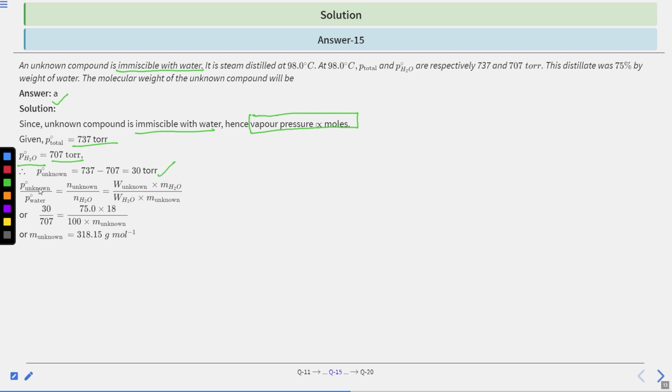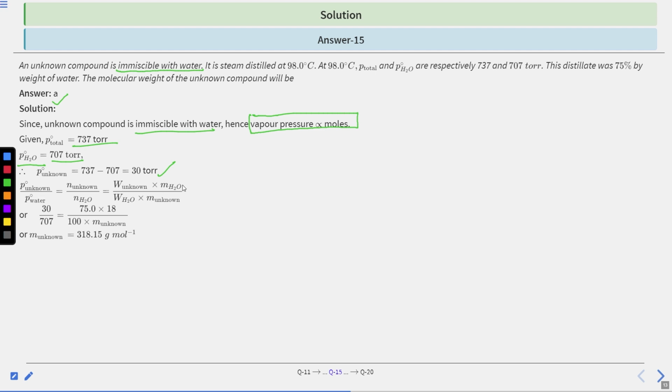And if we find the ratio of the vapor pressure of unknown to the vapor pressure of water, it equals the mole fraction ratio of the unknown compound and water. And number of moles is given weight upon molecular weight. So it is weight of unknown into molar mass of H2O divided by weight of H2O into molar mass of unknown.